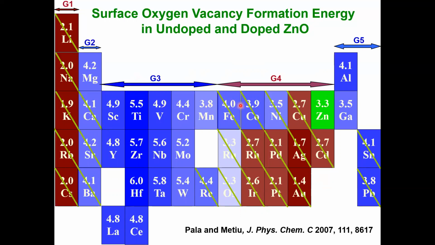So what does this computational screening do? I replace in the host oxide a variety of dopants to modulate the oxygen vacancy formation, because we are thinking about oxidation activity in terms of oxygen vacancy formation energy.